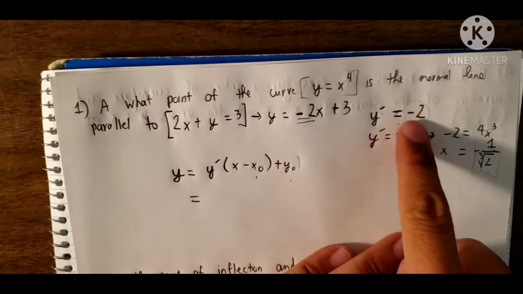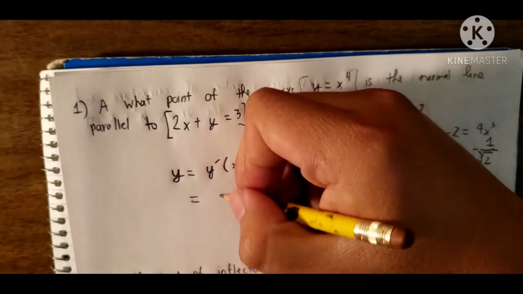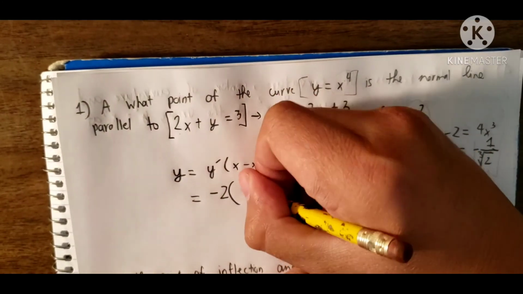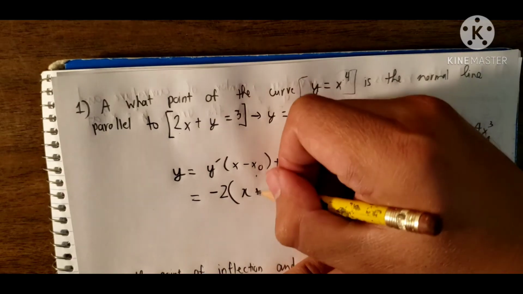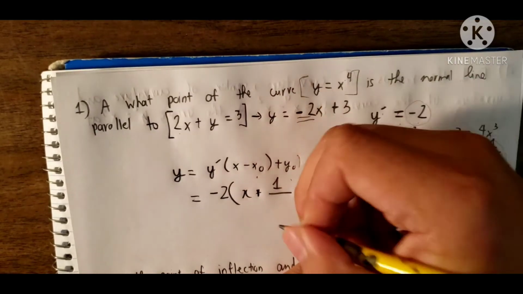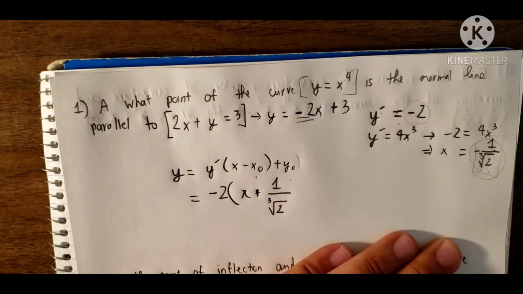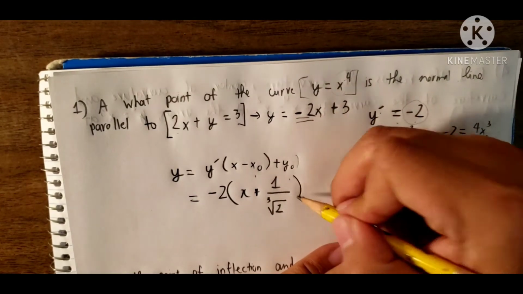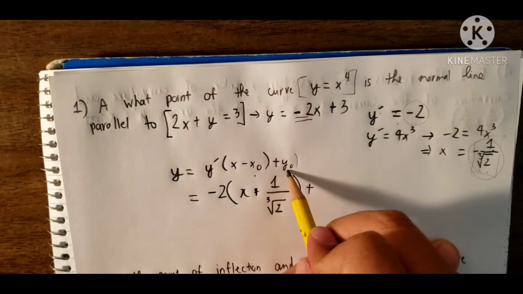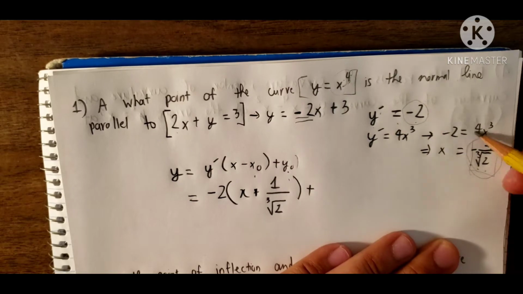So we have the first derivative is about minus 2. So this is the minus 2, times x minus this number, so that's about positive. And the next one, y0 in here is about x power 4, so you have this one.